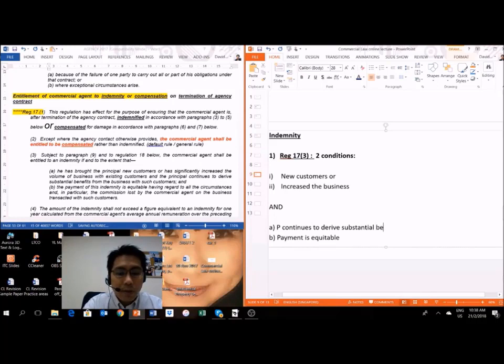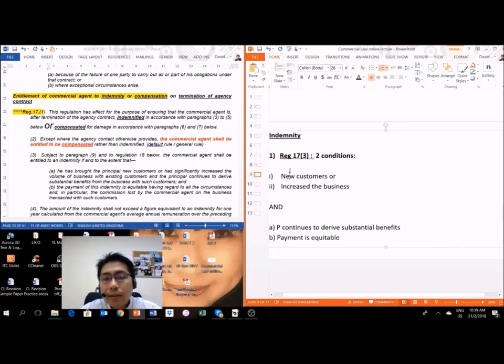So it's not a one-off effort by the agent, but efforts that have resulted in a continual benefit to the principal, as well as where the payment is equitable. So I think this particular Regulation 17.3 is good. It gives you two conditions, new customers or the business. But not only that, you must also go on to show this additional criteria: the principal deriving substantial benefits and the payment is equitable.